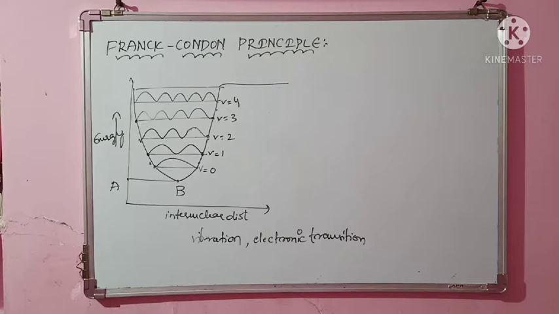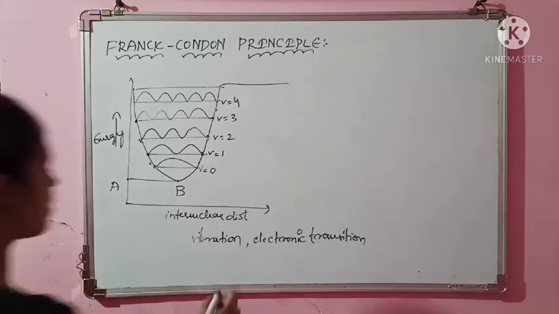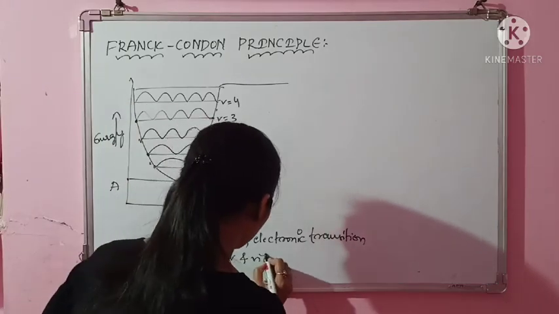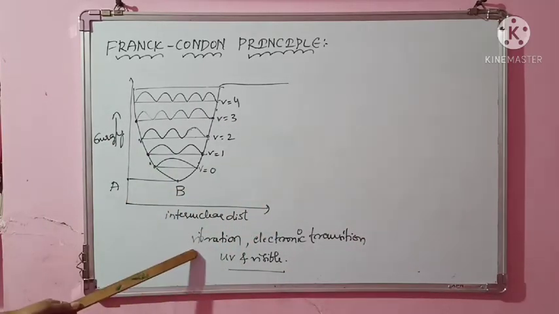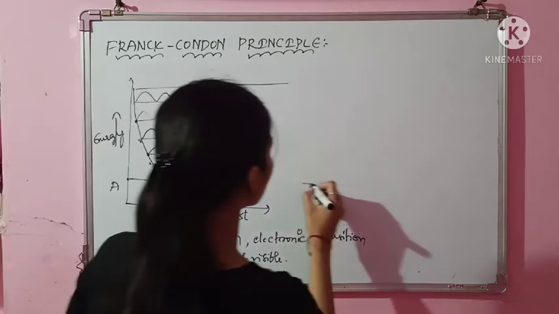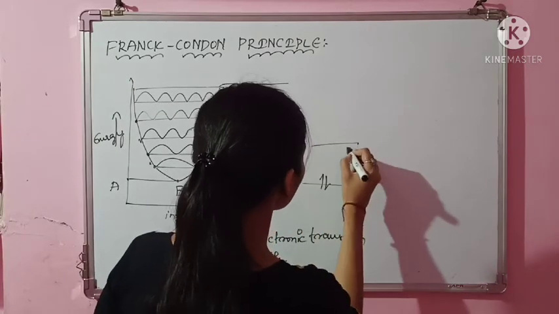Why does it happen? Because it is getting sufficient energy so that it can undergo vibration and transition also. So now what do I have to apply? I have to apply UV and visible. If I apply sufficient UV and visible energy, then along with the vibration, it also has to undergo transition, that is, the electron should excite and go from one energy level to a higher energy level.